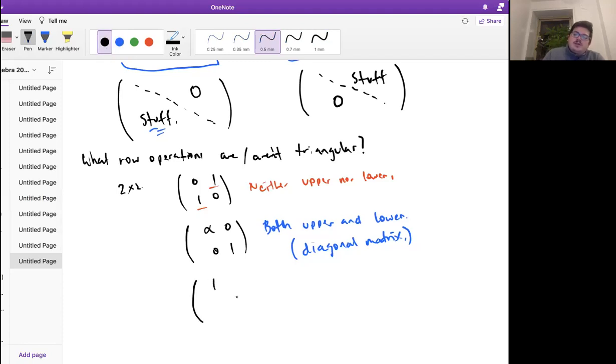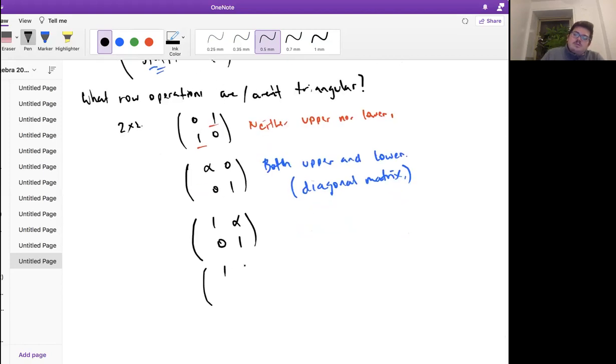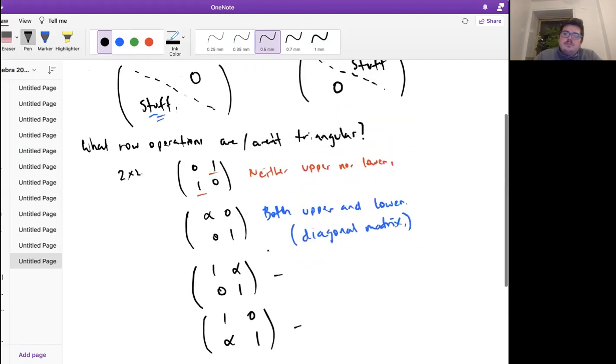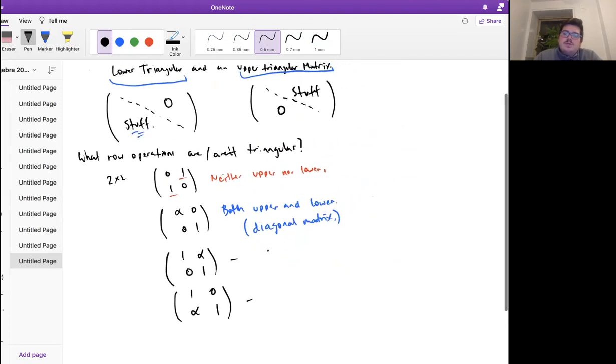Type 3 is the interesting one. Which is the first one, upper or lower? Lower means the zeros are on the top and the interesting stuff is on the bottom. So since I have interesting stuff on the top, this one's upper and this one is lower.